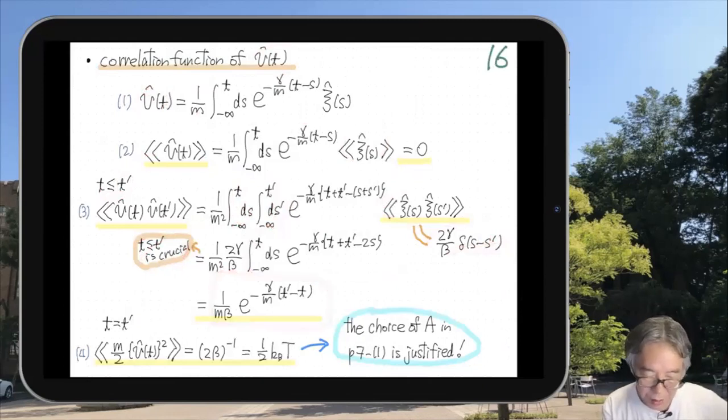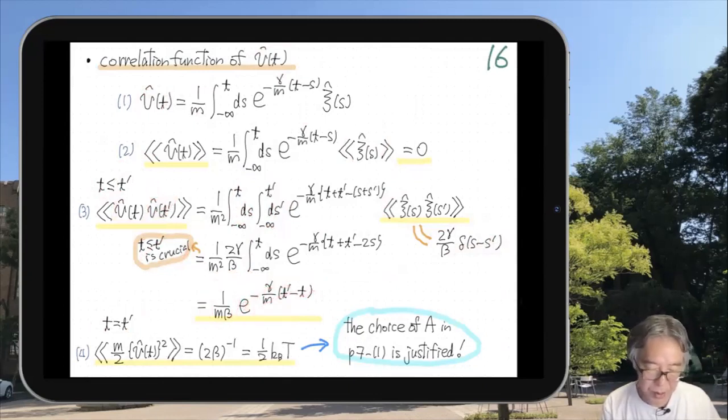Okay, and now we have this inequality. So this guy here is non-negative. So this shows that this correlation function decays. Here, if you set t equal to t prime, then we get the expectation value of v squared, and it's given by this.